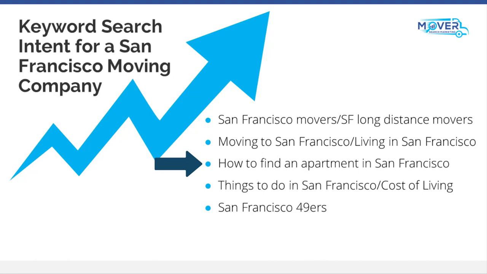Let's move up the ladder. If someone types in moving to San Francisco or living in San Francisco, this is a very high search intent for a mover. Now, they haven't specifically said San Francisco movers, but they're researching moving to a new place.